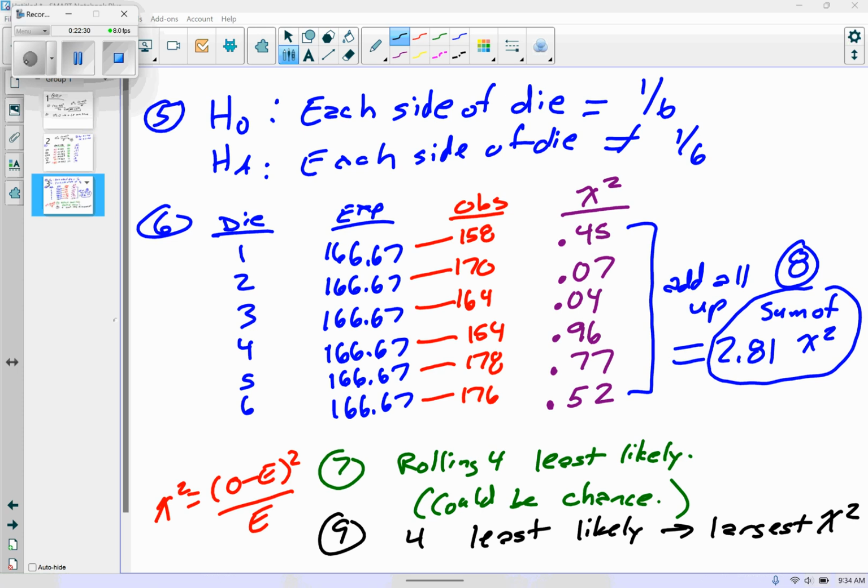We took observed minus expected, quantity squared, divided by the expected, and that's where these values came from. The total chi-squared is exactly 2, so our chi-squared test statistic is going to be 2.